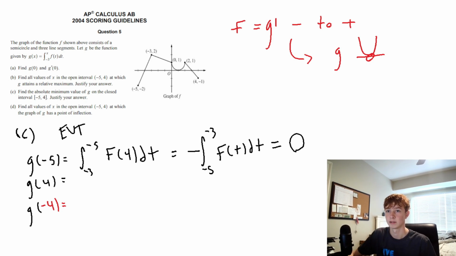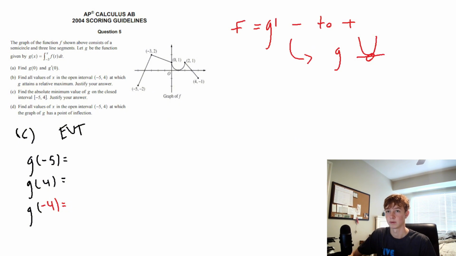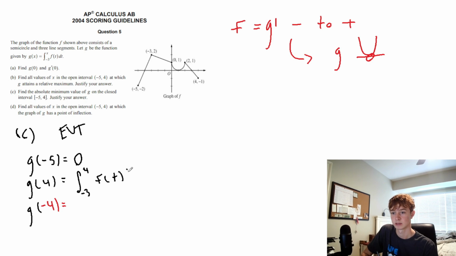So now I'm going to get rid of this work so that we have more space, but I'm going to remember that g of -5 is equal to 0. Now g of 4, we're repeating the process: the integral from -3 to 4 of f of t dt.